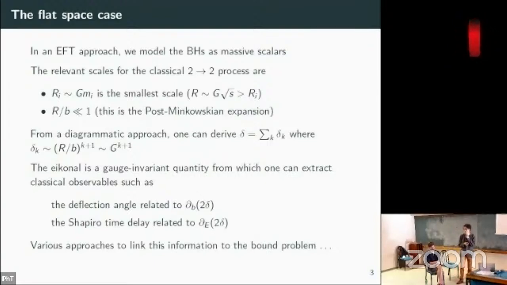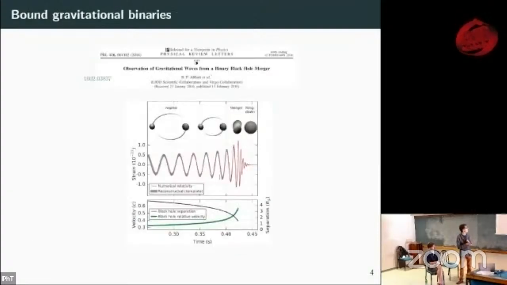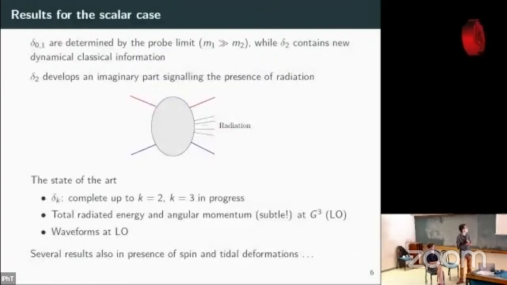It can be large because the mass is large, or because the energy is large. The only thing you really need for eikonalization, for extracting this classical contribution, is that the eikonal becomes large and gets exponentiated.